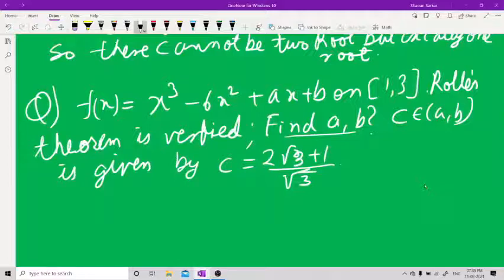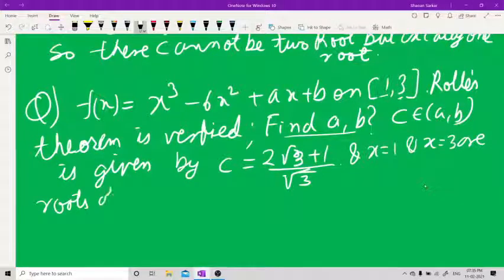I need to take this. Additional information missing in the question was, that's why it took me some time to get over this question, that 1 and 3, x equal to 1 and x equal to 3 are the roots of f(x). Then only I can solve this problem properly.